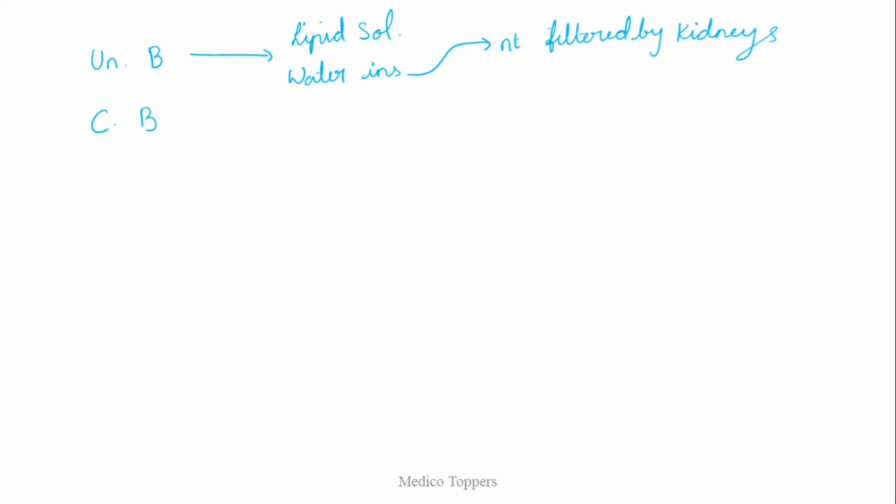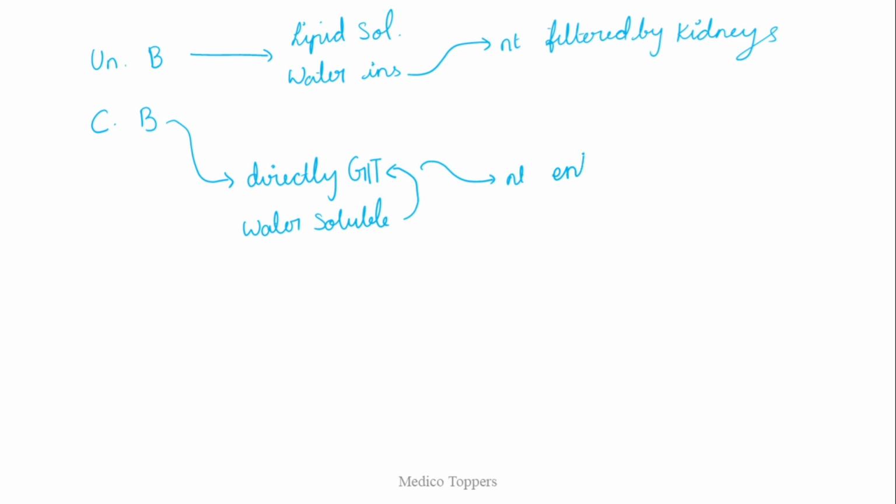And what is happening with the conjugated bilirubin? This conjugated bilirubin gets directly released into the GIT. It is not entering the circulation. It is water soluble also, but just because it is released directly into the GIT, it is not entering the circulation. In the GIT itself it gets converted to urobilinogen and stercobilinogen.